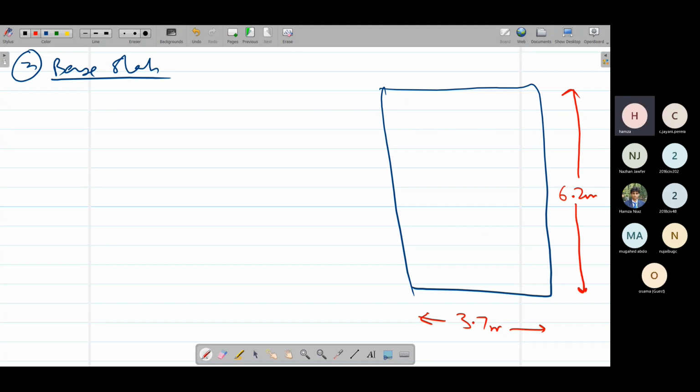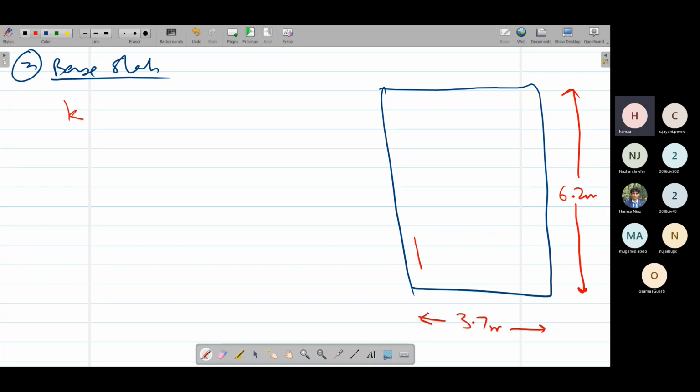Why have we increased from 3 to 3.5 to 3.7? Because there is also the 200 millimeter wall. So we are adding the wall weights also, because the base slab is also under the wall as well. So 3.7 meters in x direction and 6.2 meters in y direction is the base slab.